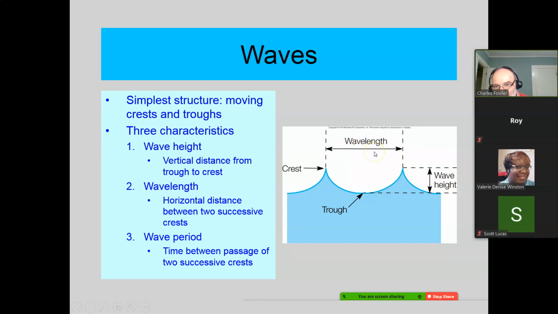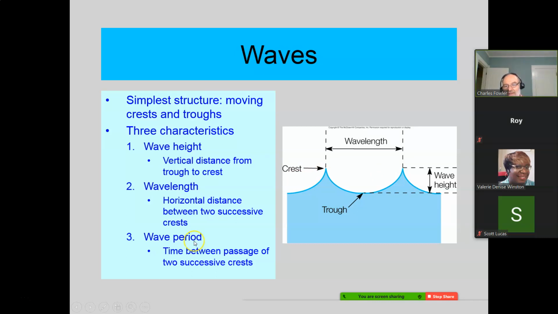That's called the wavelength. Now the wave height is a vertical distance from trough to crest. The wavelength is the horizontal distance between two consecutive crests or troughs or any other like part of a wave. Both of those are length measurements, of course.